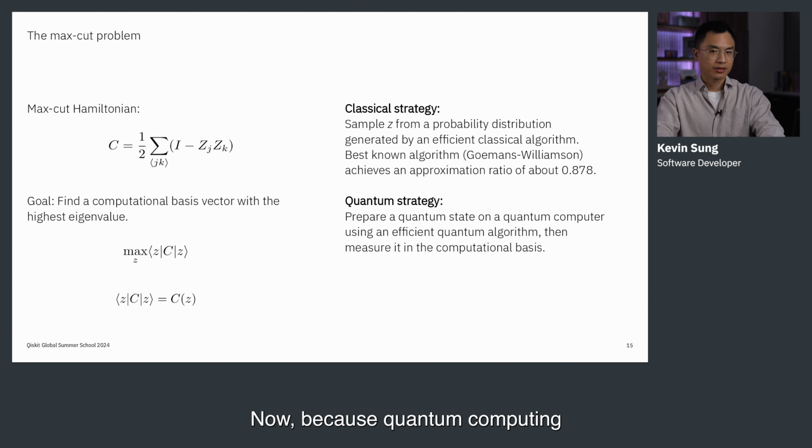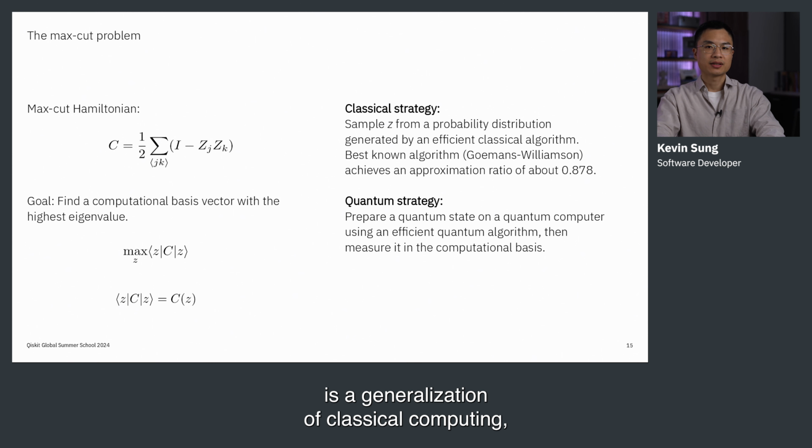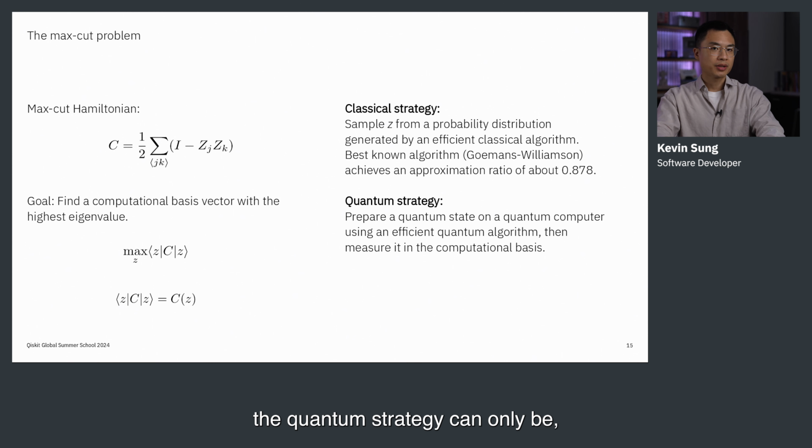Now, because quantum computing is a generalization of classical computing, the quantum strategy can only be stronger than the classical strategy. It's at least as strong, that is.